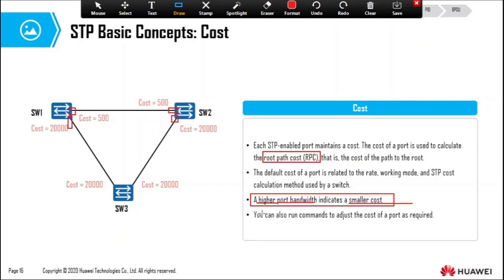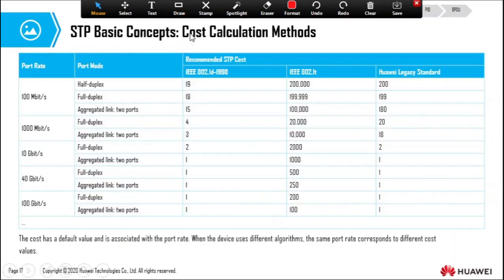However, on STP, you can also run a command in order to manually configure the cost of a port. For example, you want to advantage it or you want to disadvantage it. So we're going to see how to do that at the end of this chapter. These are some of the cost calculation methods.